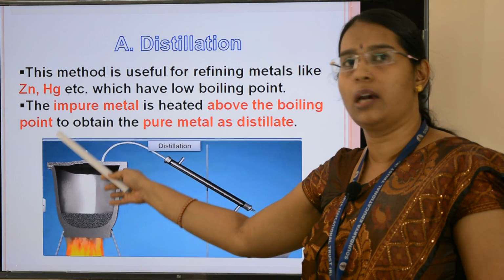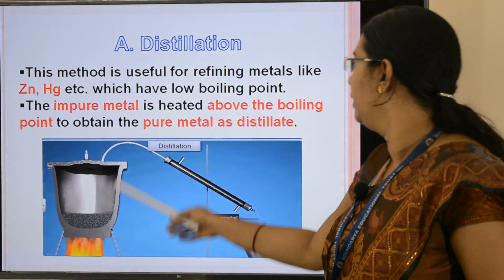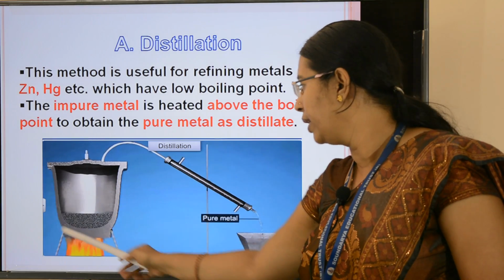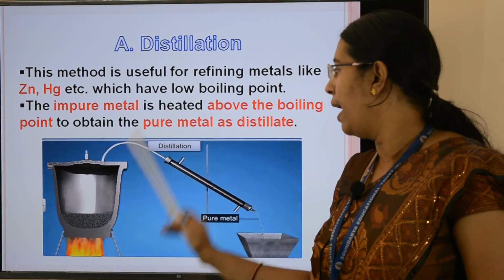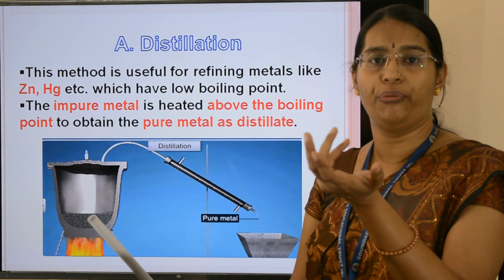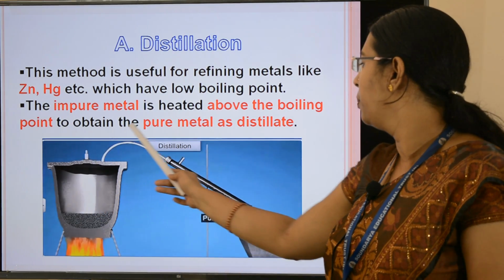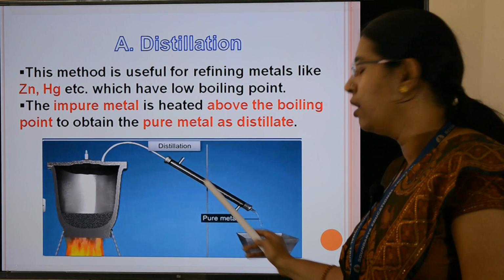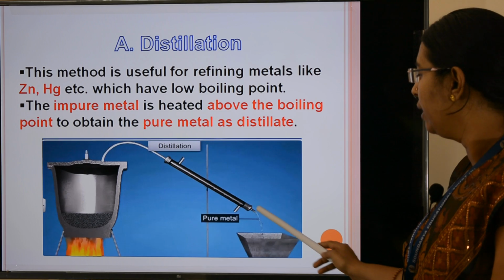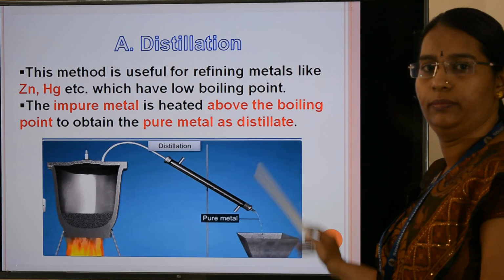So how is it done? Here the impure metal is heated above its boiling point in a particular container, and only the particular pure metal boils off and its vapors are passed over the condenser, where it condenses and you are going to get the metal in its liquid form.